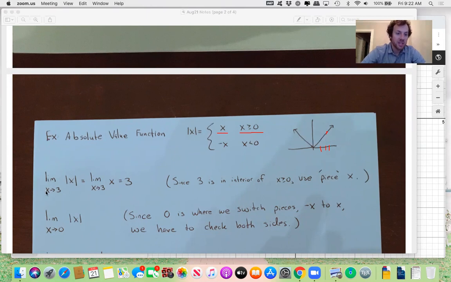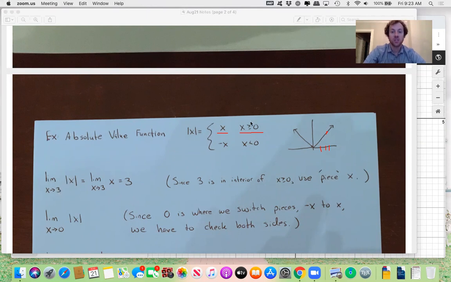So how we proceed is we're saying if we want the limit as x goes to 3 of this absolute value of x. Well, since around 3, we're always using this piece x, instead of having the piecewise function, choose the right piece for this point 3.